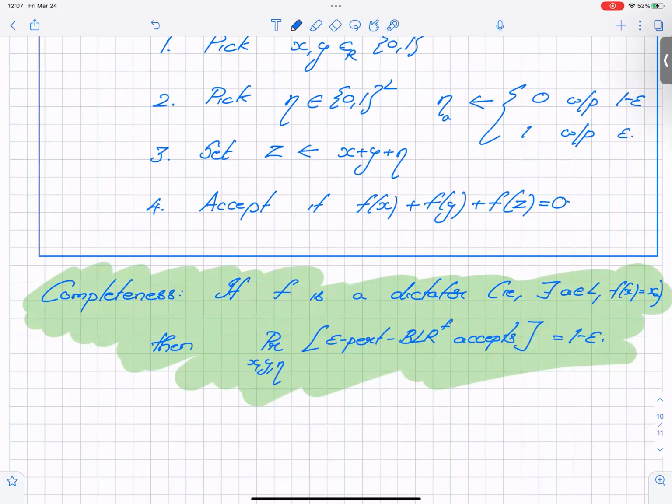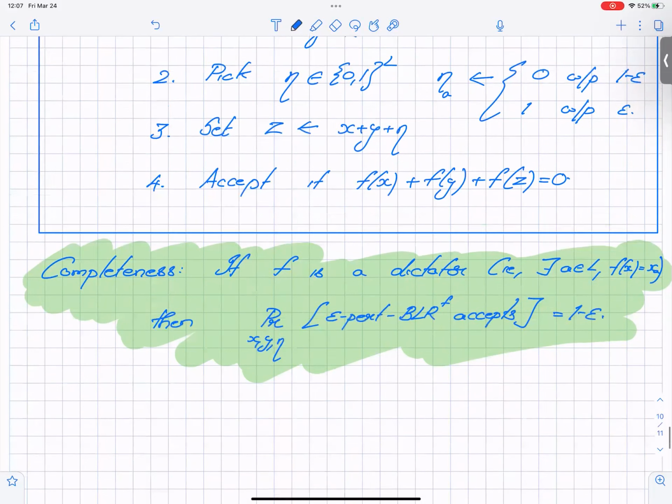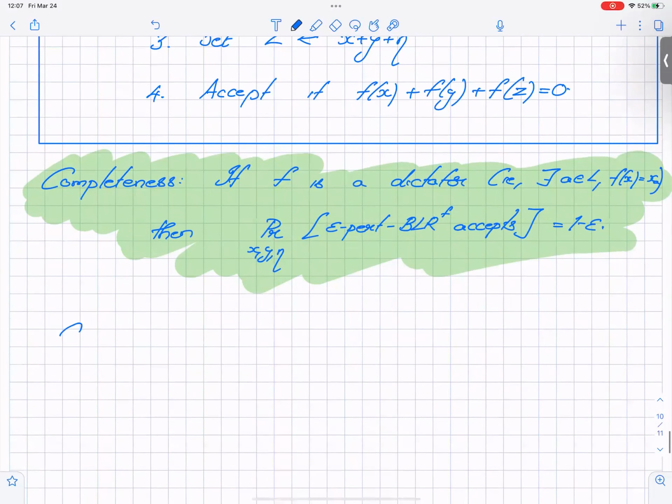Okay. Now I want to analyze the soundness of this test. Now, as in the BLR case, it will be convenient for me to work with the plus minus 1 world. So we'll assume that f is not a function from 0, 1. Soundness analysis.